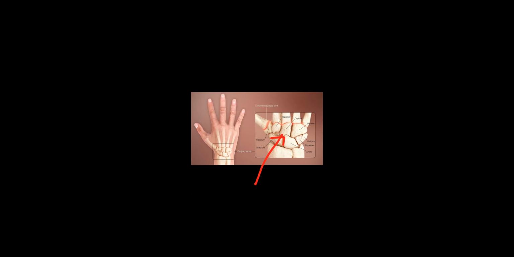Over here there are gliding joints. The bones will slide over each other. So five different types of synovial joints you have studied.